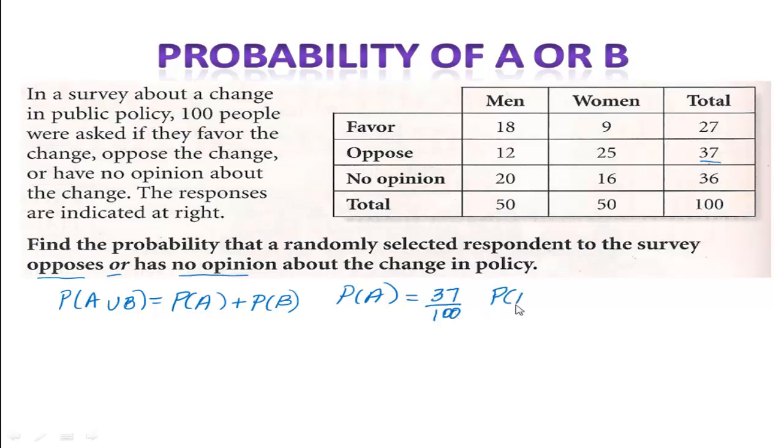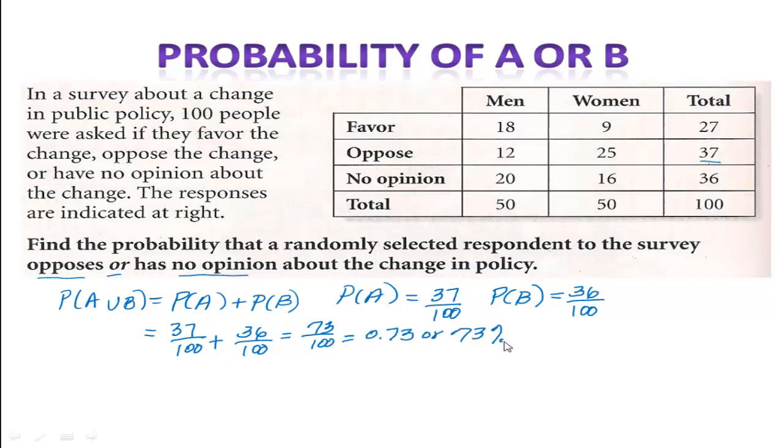The probability of B is having no opinion on it. 36 people out of 100 have no opinion on it. So the probability of A or B is 37 over 100 plus 36 over 100, which is equal to 73 over 100, which is 73%.